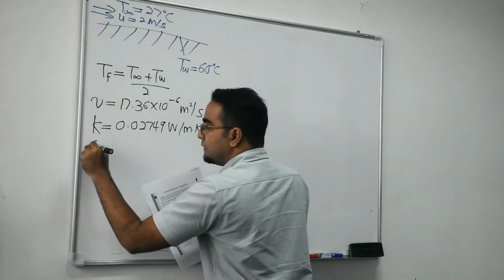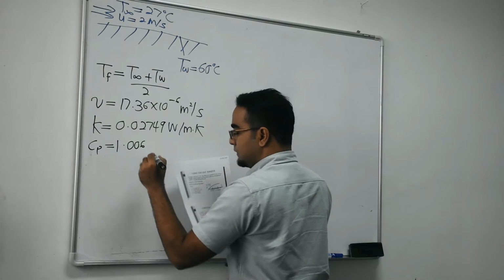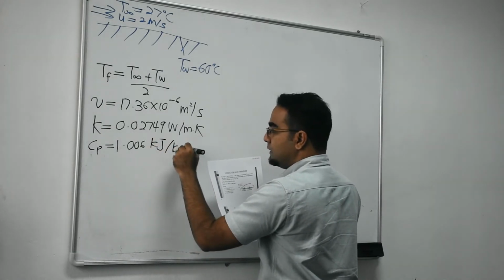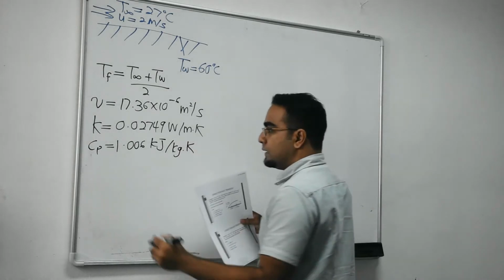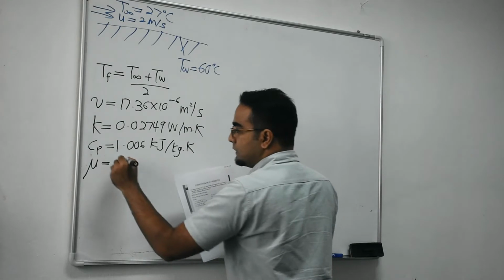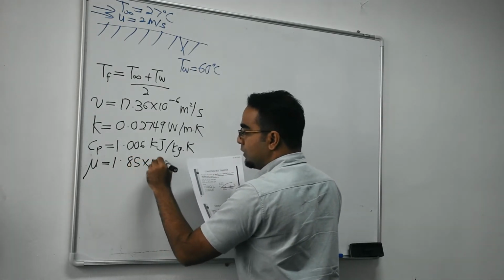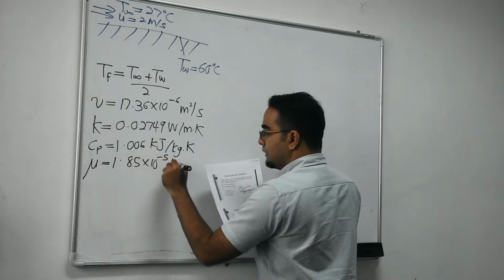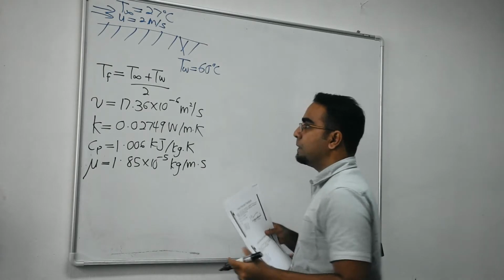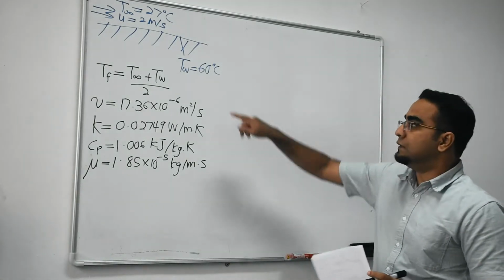The value of Cp is given as 1.006 kilojoule per kg Kelvin, and then the value of dynamic viscosity is given as 1.85 10 to the power of -5 kg per meter second. So these are all the values given to you. Now this is the first step.